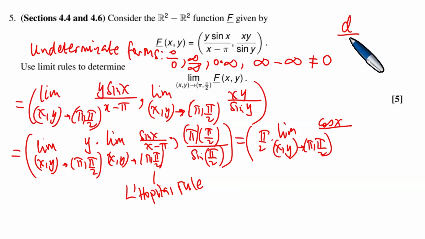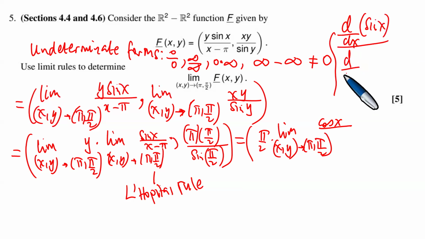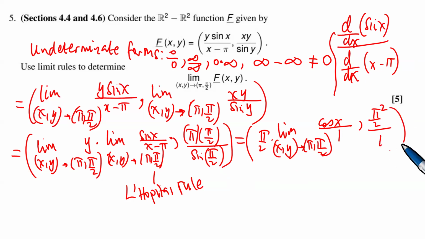So we take dx of the top, sine x, and divide by dx of x minus pi. The derivative of the top is cosine x, the derivative of the bottom is 1. And this now becomes pi times, and the sine of pi becomes a 1.